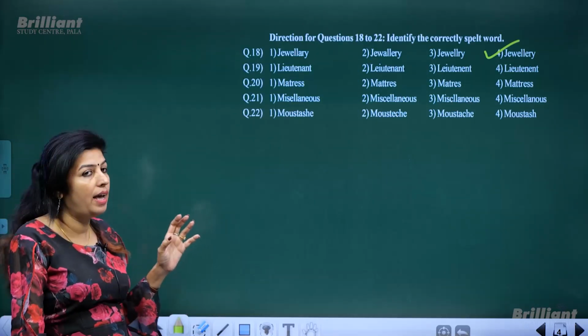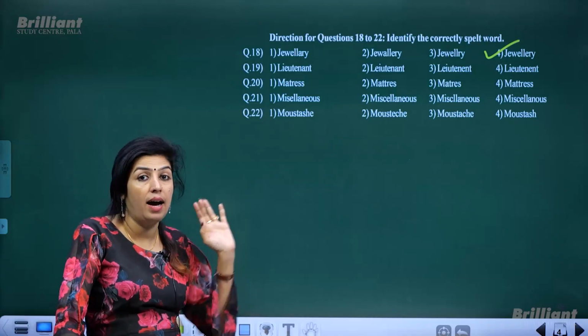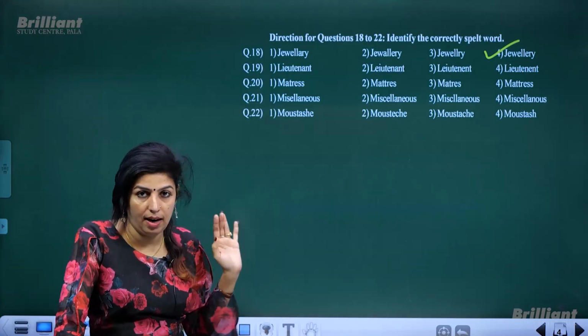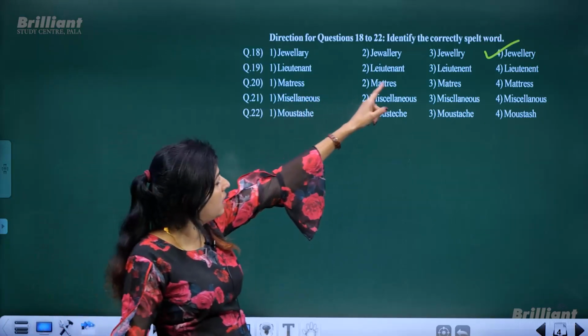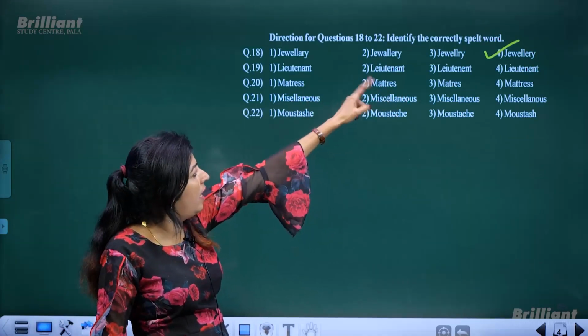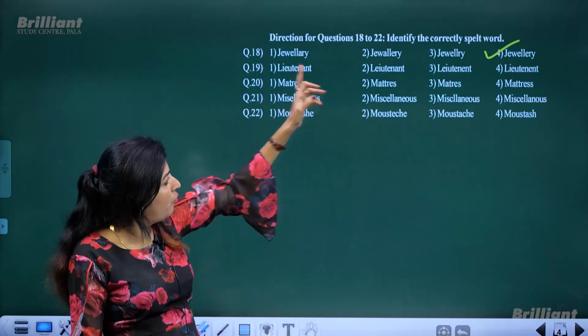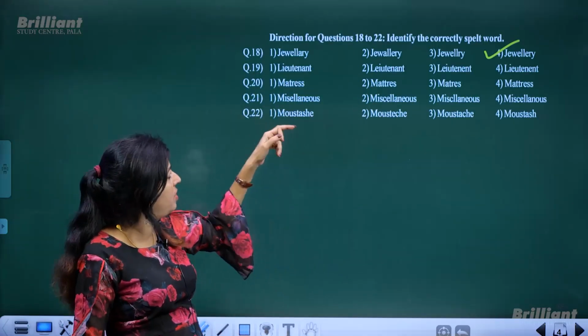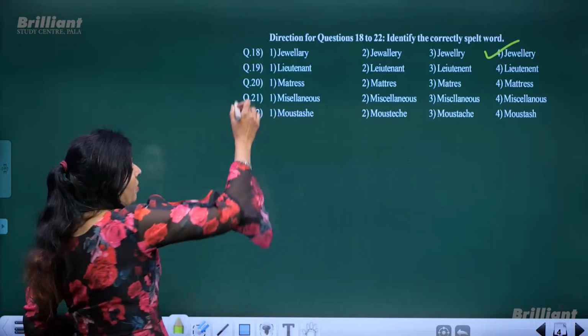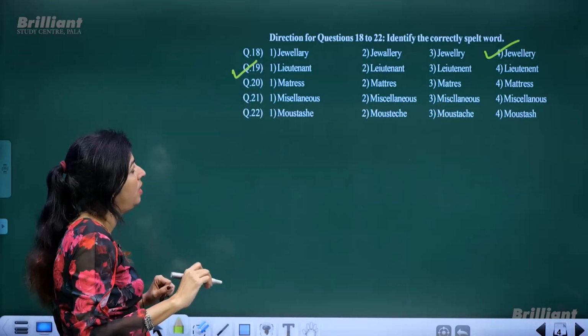Lieutenant should have the spelling which starts with L-I-E, not L-E-I. So the second and third has got L-E-I, so you cannot take it. So that leaves first and fourth option. Lieutenant, the first option is the correct option.